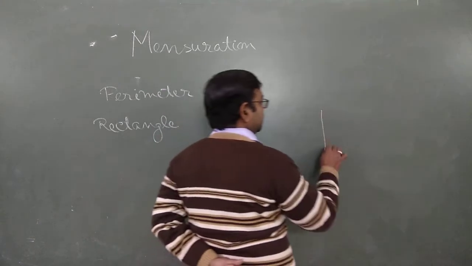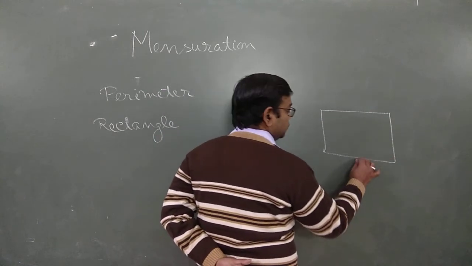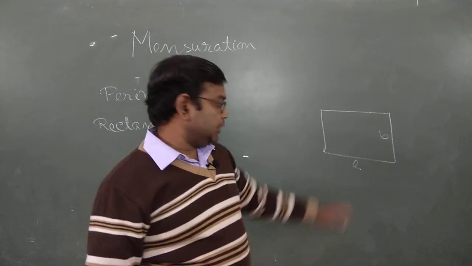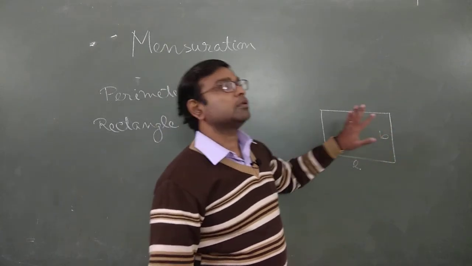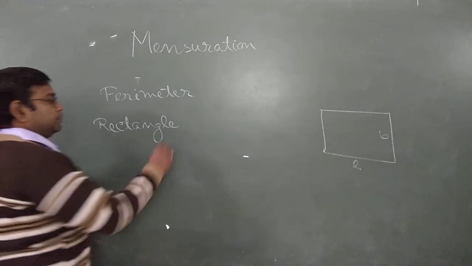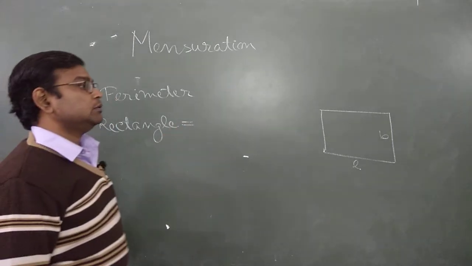I am drawing the figure this side. If the longest side is L and the smaller side is B, length and breadth, this is your length, this is your breadth, then what is the formula for the perimeter of a rectangle?